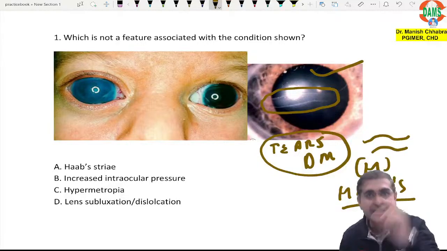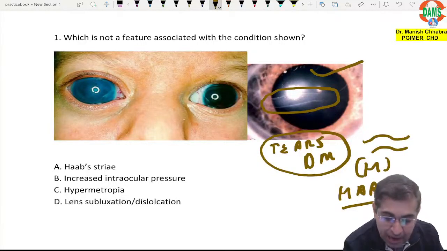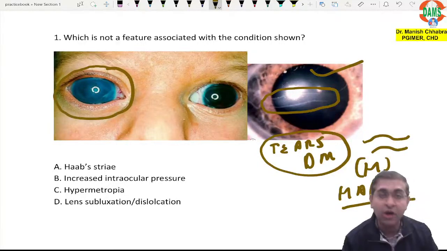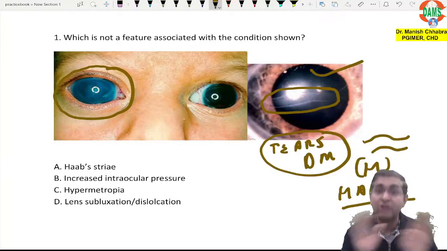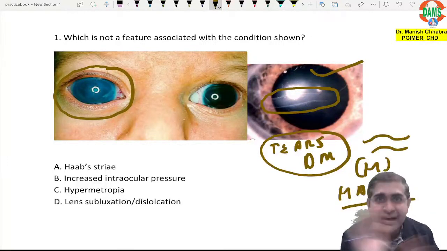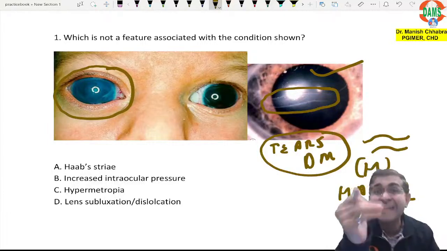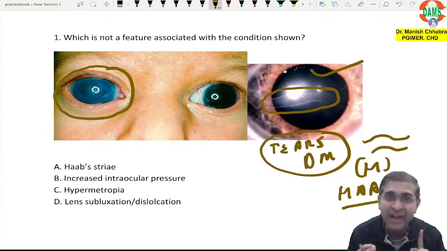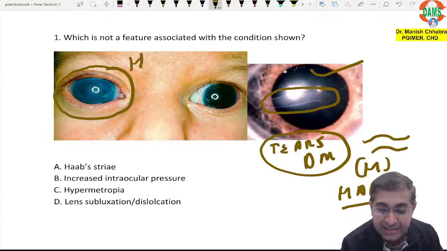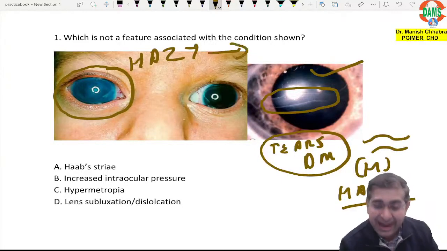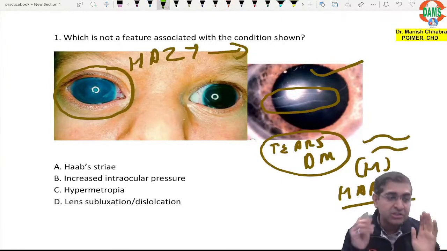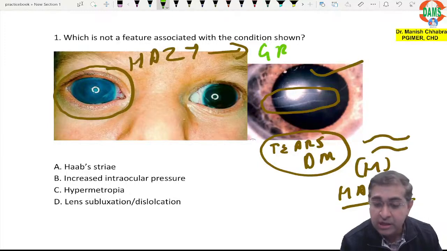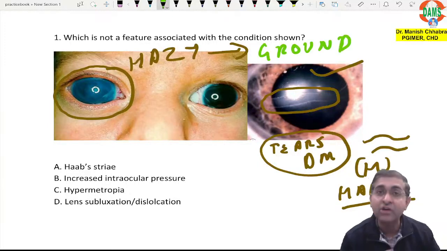Okay, one thing we have come to know. Now can you appreciate the status of the cornea? How does the cornea look? The right eye cornea is not clear relative to the left eye. So the cornea is hazy, a ground glass appearance of the cornea.